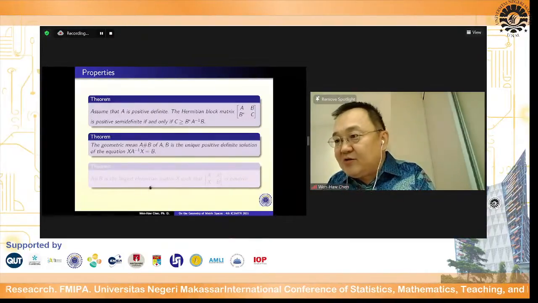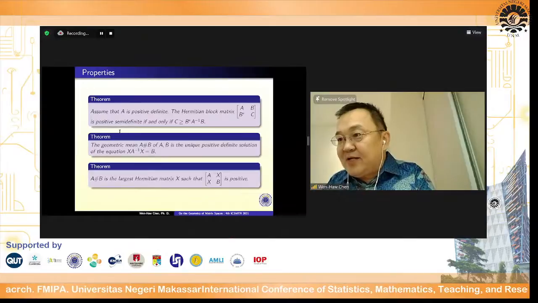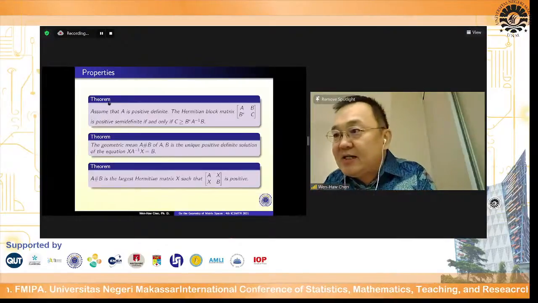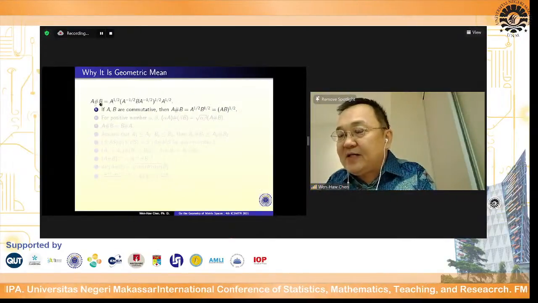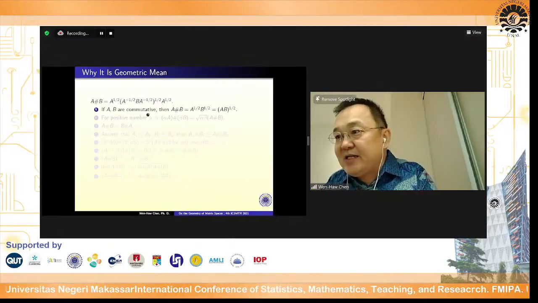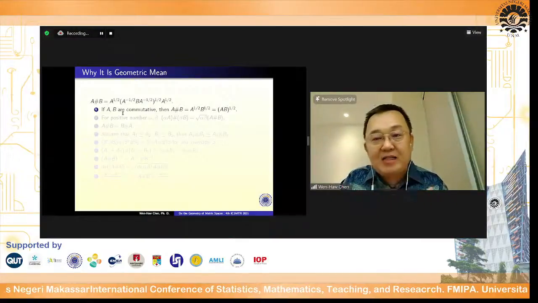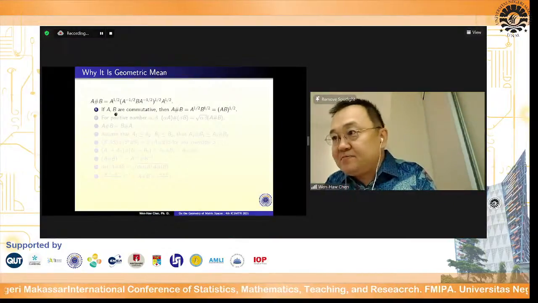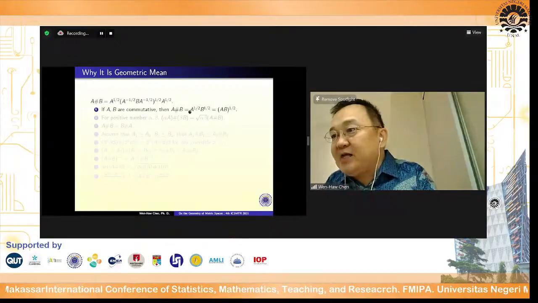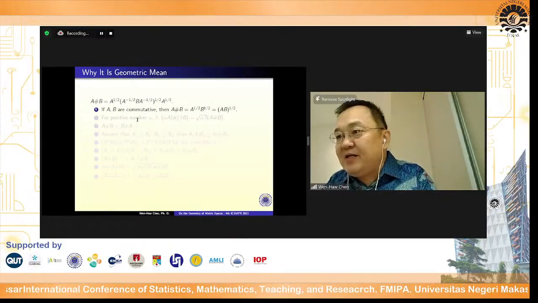We just ignore this. Okay, they have some properties just like this. If the geometric mean is like this, we can compare this property with positive numbers. If A and B are commutative, then we have this property.